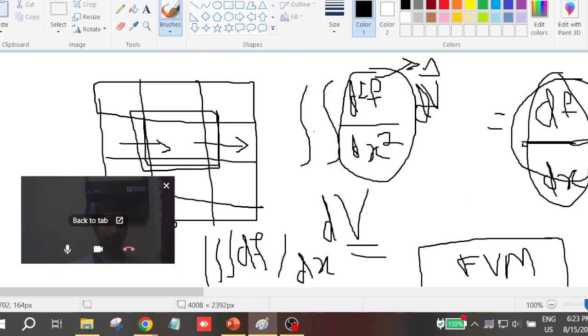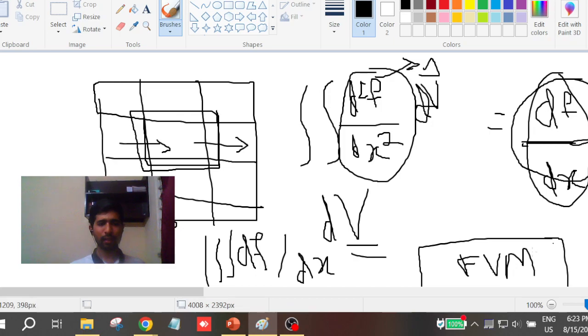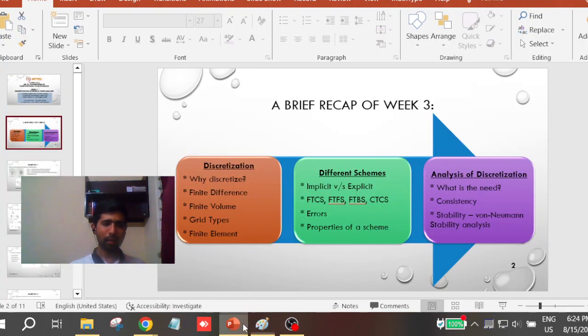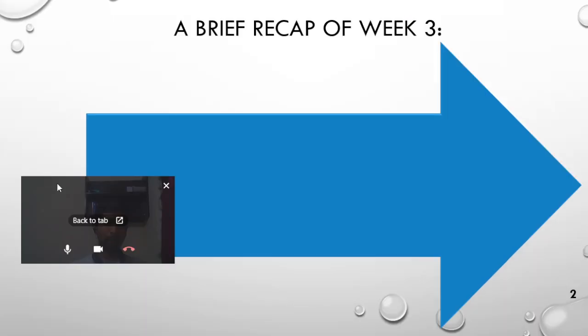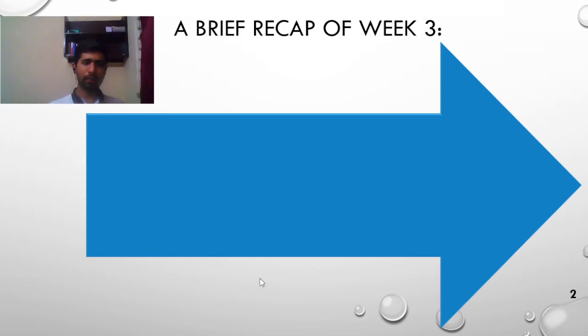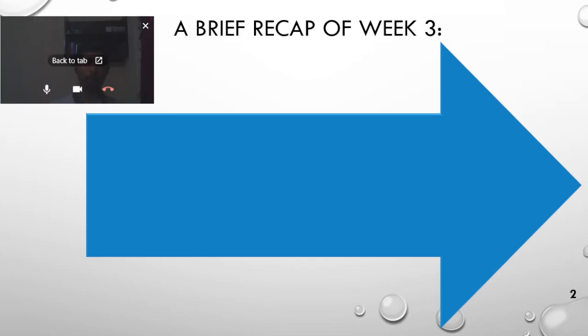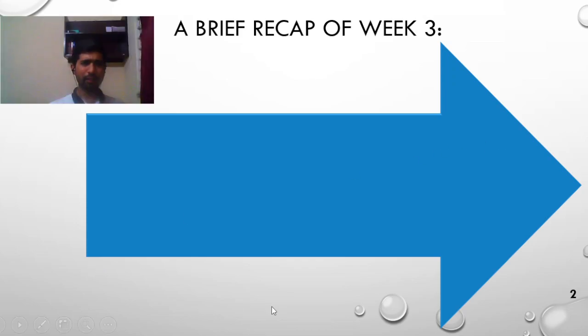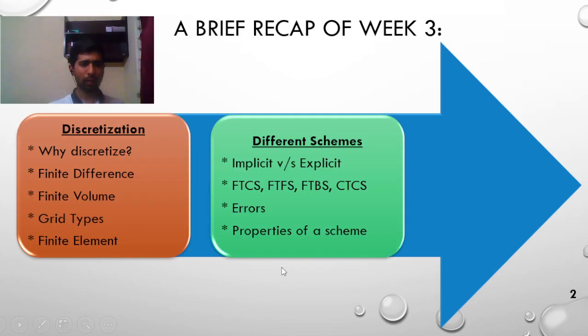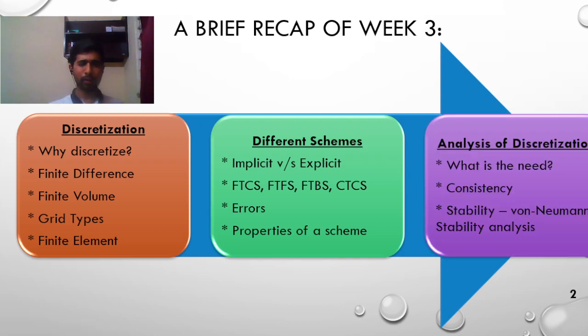Finite element is actually a more accurate method, and mainly we use it when we go with highly nonlinear equations, which are very susceptible to errors when we use the finite volume method. But that was not much discussed in the weekly content, and you don't have many questions on that.